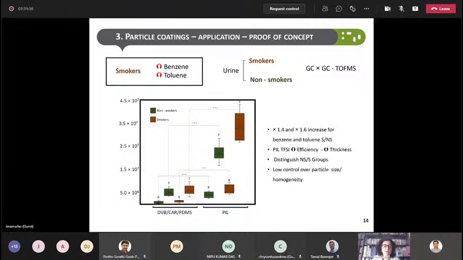We also did a very interesting case study. Everybody knows that smokers exhale benzene and toluene, and that there is also benzene and toluene in their urine. These are non-spiked samples from real people.